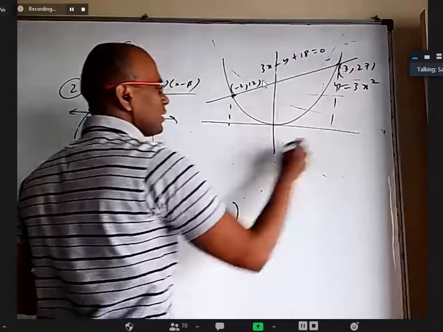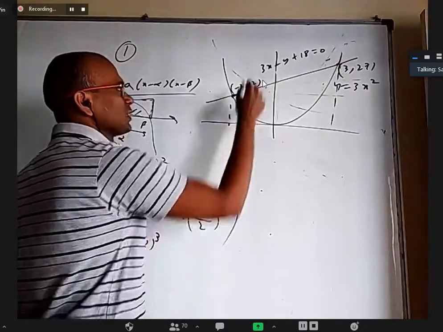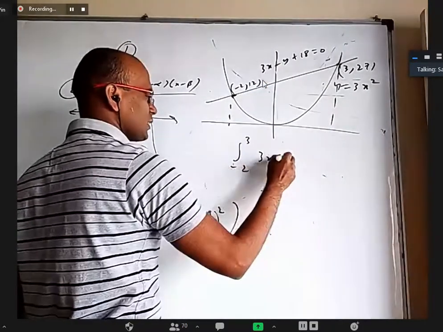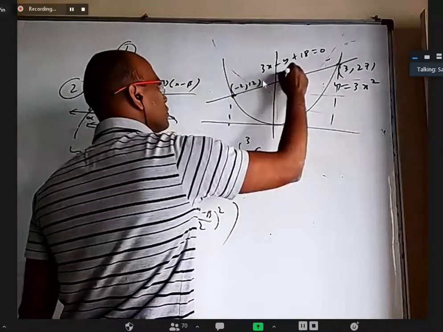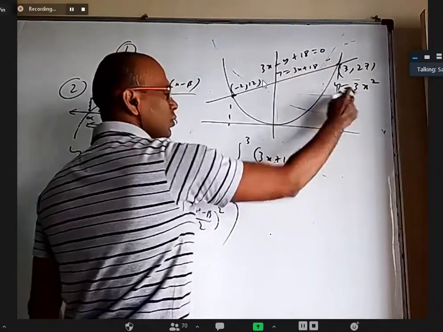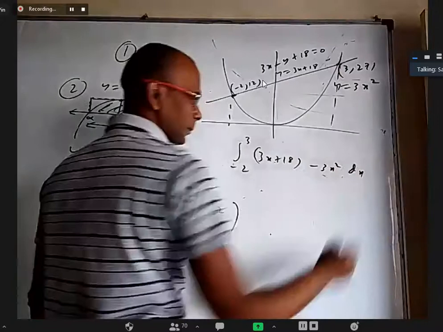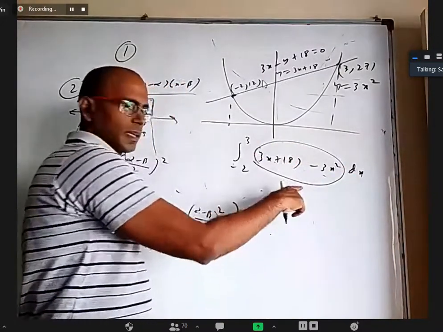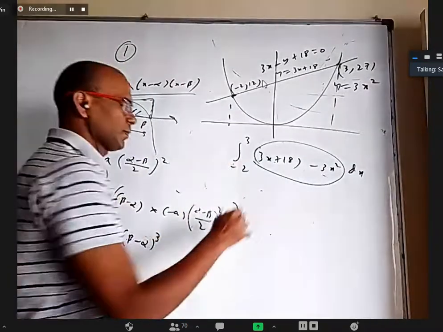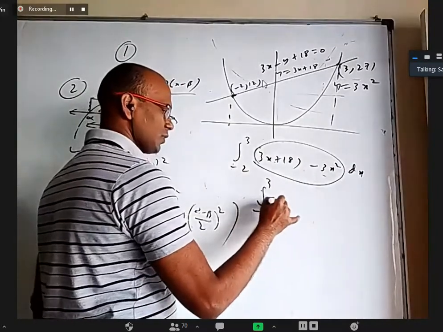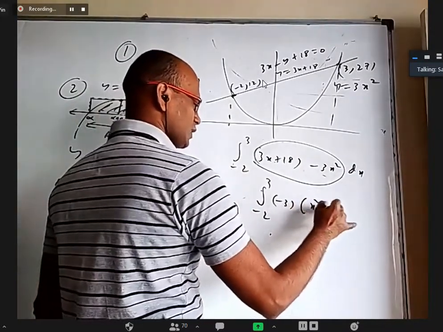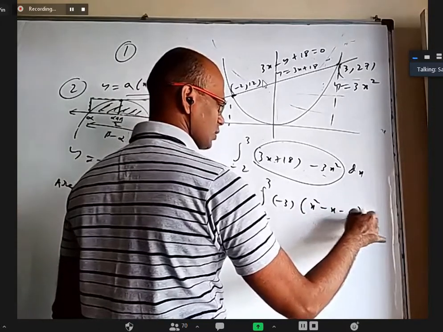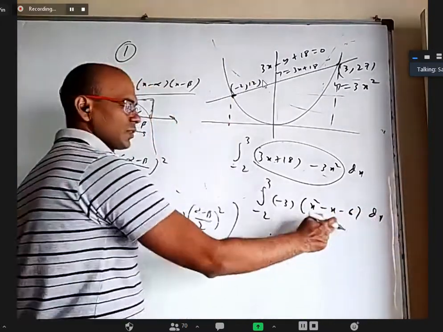And you have to find now integral minus 2 to 3. Upper curve is what? y equal to 3x plus 18. Lower curve is 3x square dx. Now what I'm saying is you will always find a quadratic expression with these two as the roots. Let us see. Integral minus 2 to 3, if I take minus 3 common, is x square minus x minus 6 dx. What are the roots of this? These two numbers only.